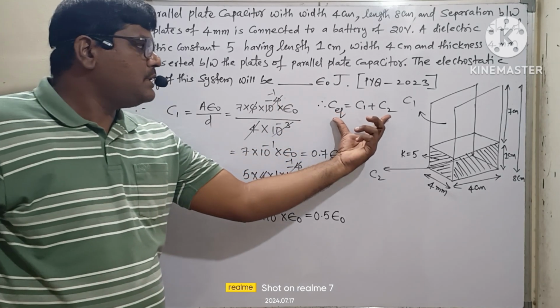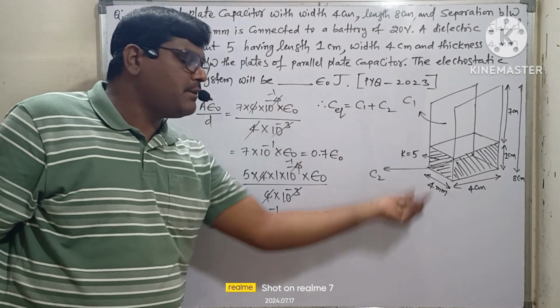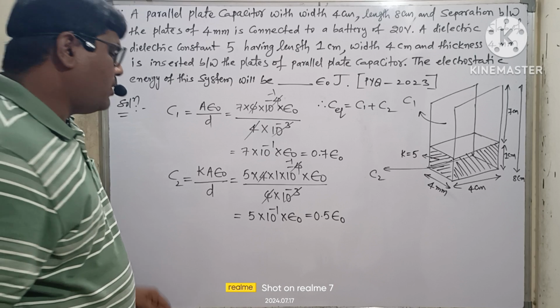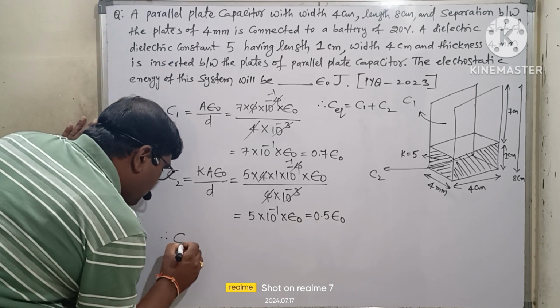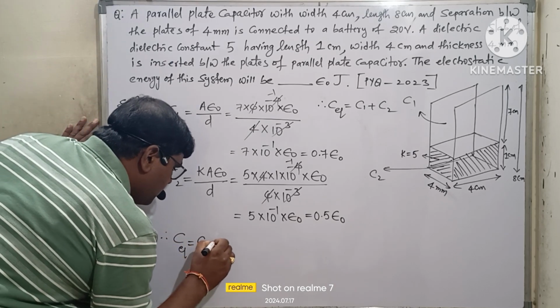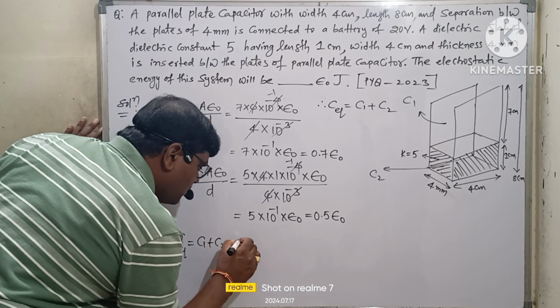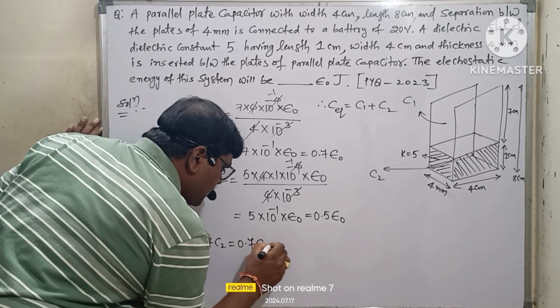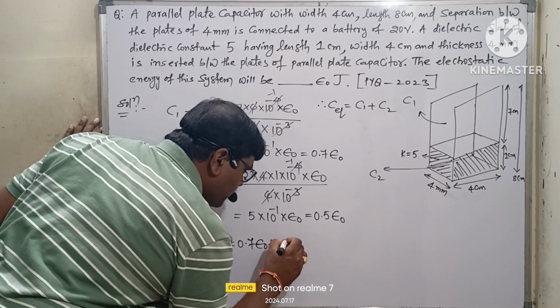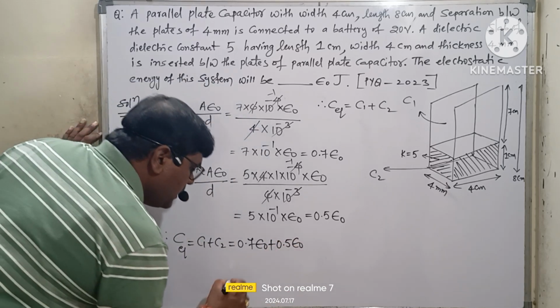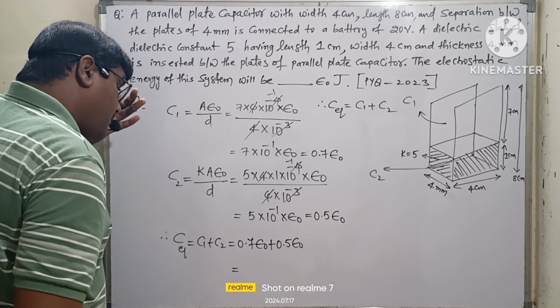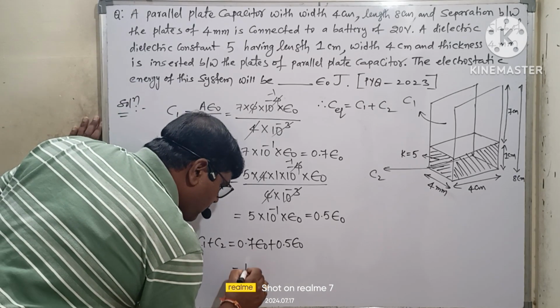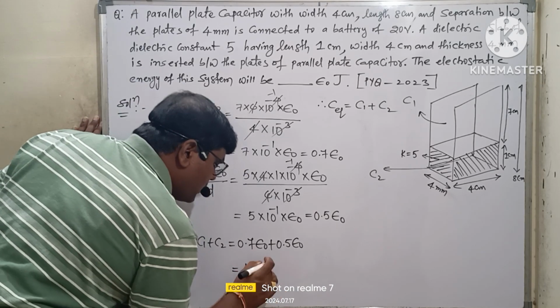We have to find C1 plus C2, because both are in parallel. Finally, C equivalent is equal to C1 plus C2, that is 0.7 epsilon naught plus 0.5 epsilon naught, which gives 1.2 epsilon naught.